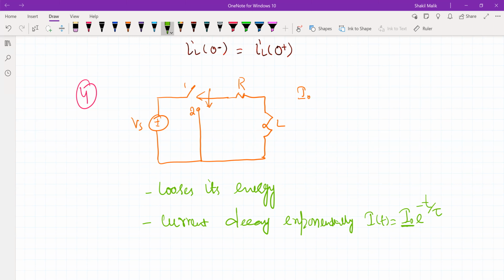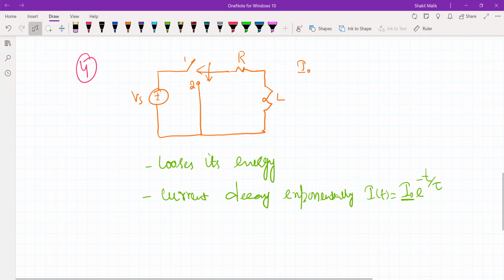All right. In other words, when I change the position of the switch from 1 to 2, the inductor behaves like an active source because now it is delivering the current. It behaves like an active element in this RL circuit and delivers energy to this resistor, and the current decays like this expression.